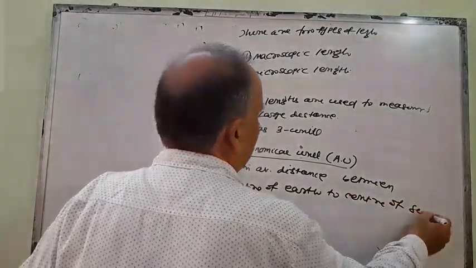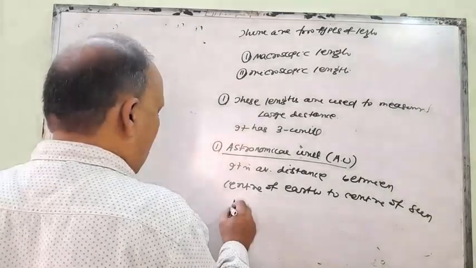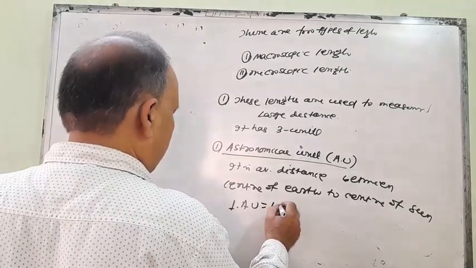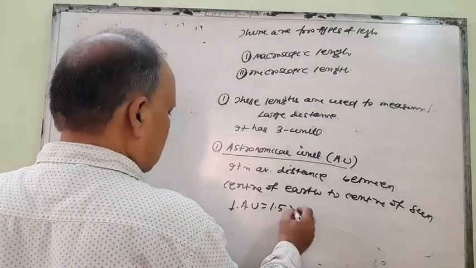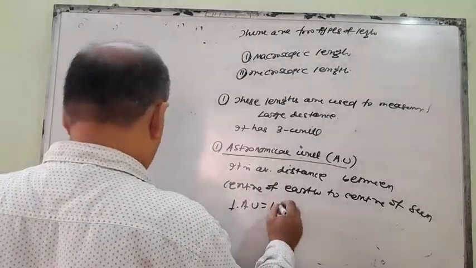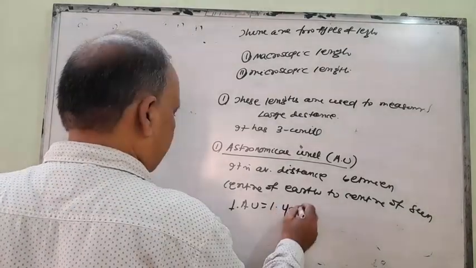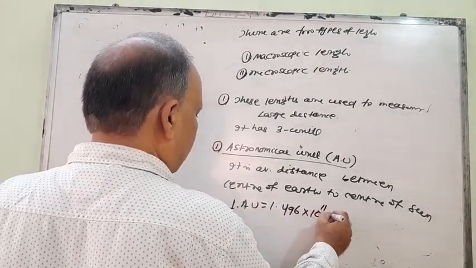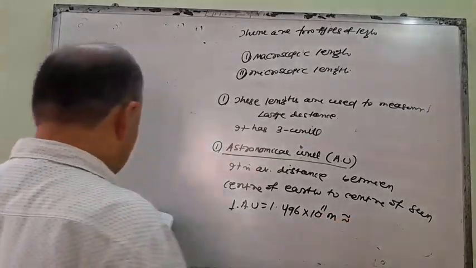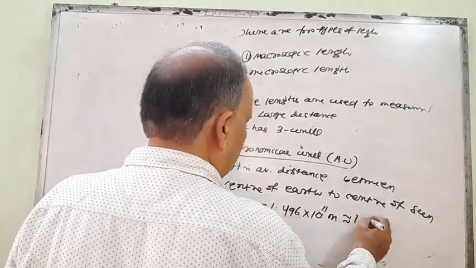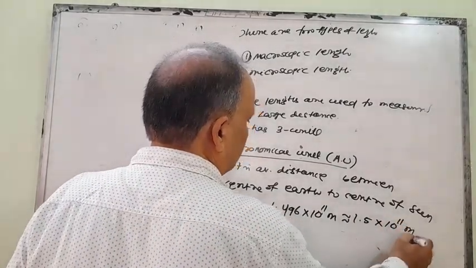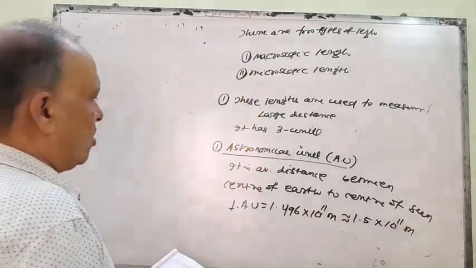You remember. So, one astronomical unit is equal to 1.496 into 10 to the power 11 meter, which is approximately equal to 1.5 into 10 to the power 11 meter. This is one astronomical unit.